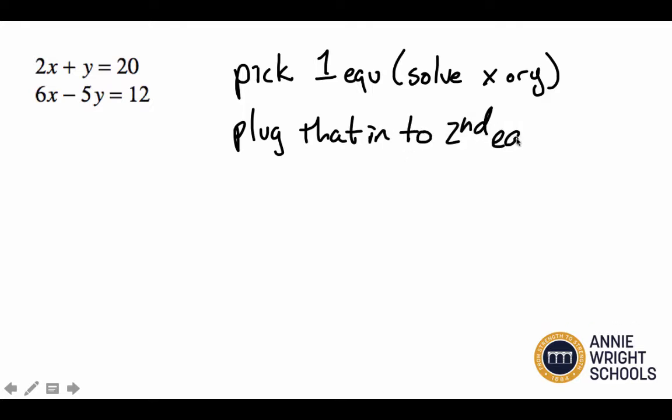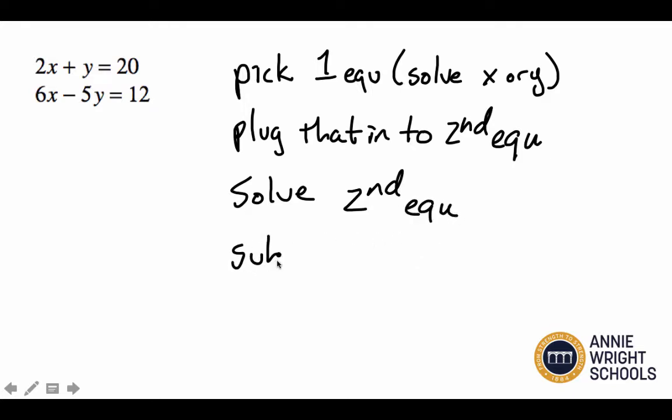Once you plug that into the second equation, you now have one equation in terms of one variable. You solve that second equation. You get an answer, and then you substitute back into that first equation, and you get the other variable.